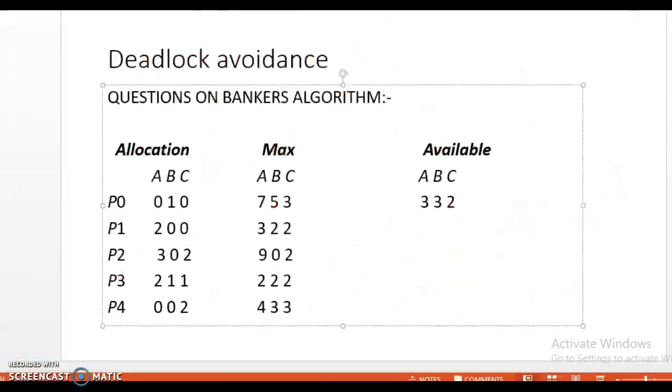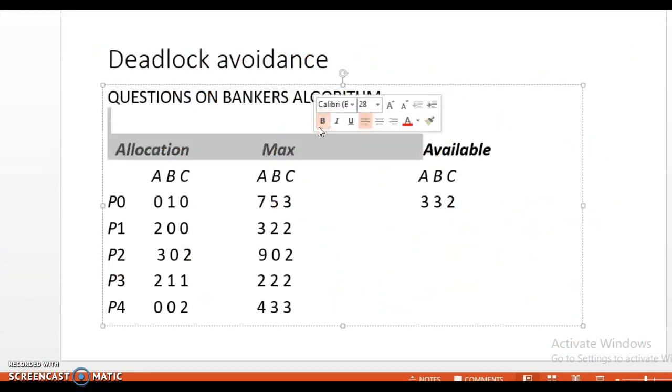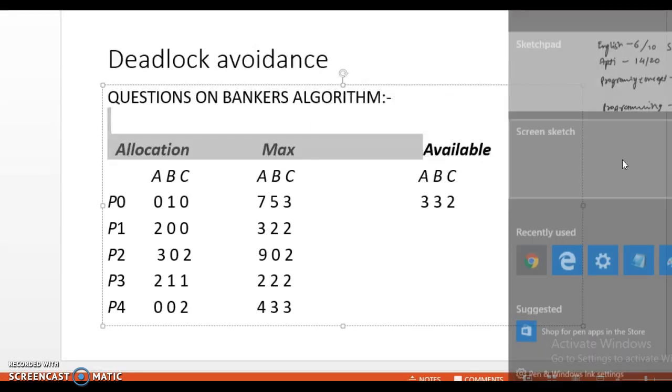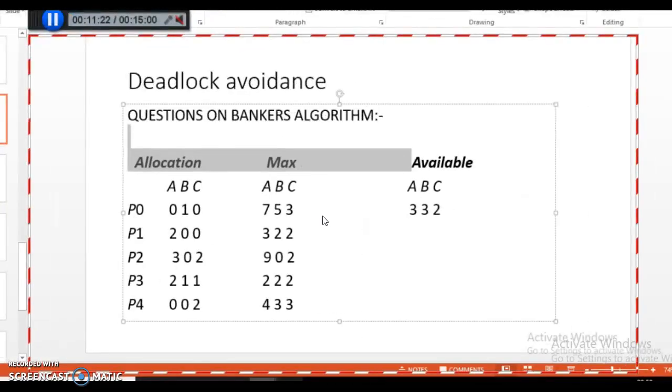So what we did, we first found a need matrix. The need matrix will be max minus allocation. After finding the need matrix, I am writing just one step, 7, 4, 3.